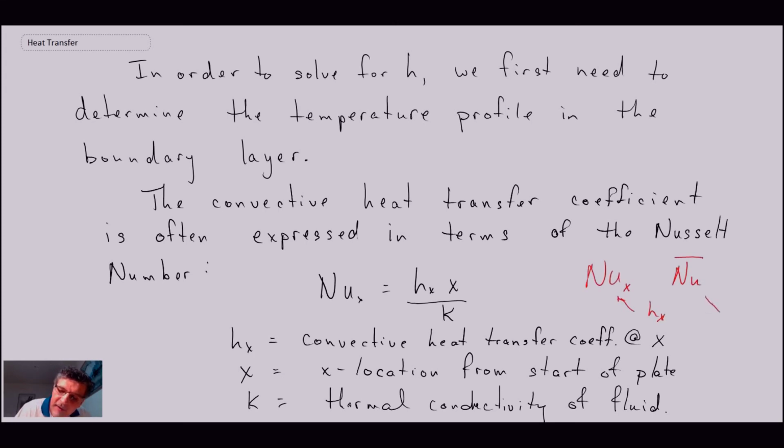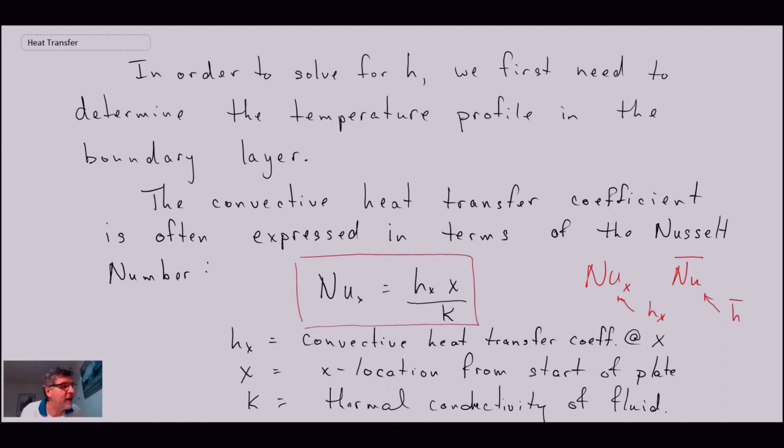Other times this would have h bar, and that would be the average convective heat transfer coefficient over an entire object. But anyways, that is the Nusselt number, and that is what we will use, just like the Reynolds number, but we'll use it for characterizing the amount of convective heat transfer coefficient on some object that we're studying.